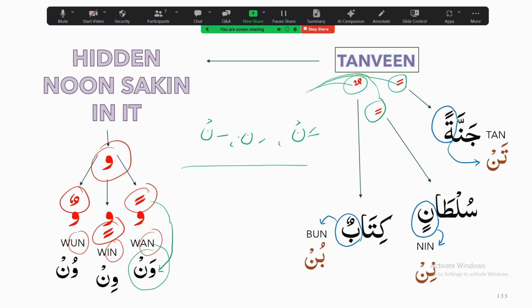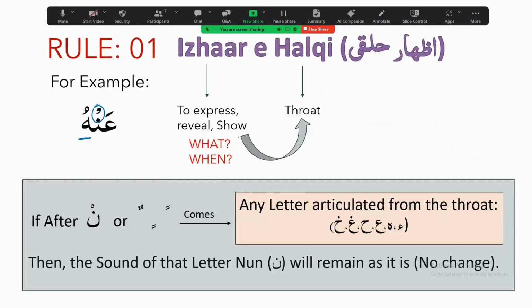Okay, so let's cover the first topic today. The rule number one of noon sakin or tanween is named izhar halqi. I've mentioned, you can just skip the name for now as well.